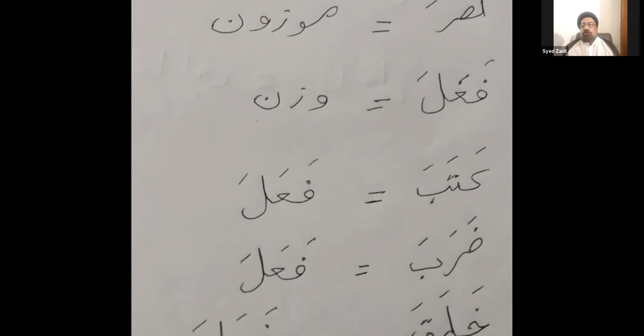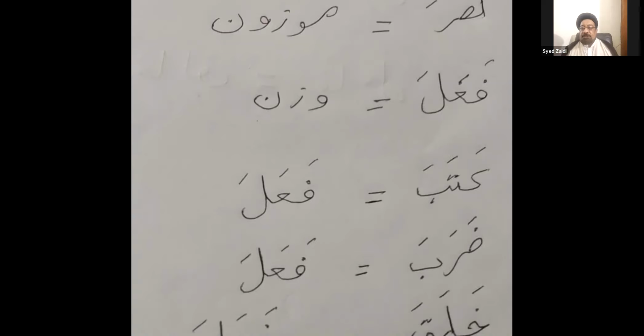Now, why have we chosen the word fi'al? Fi'al, as I've said, means action. Fa'ala in itself means that he did the action, but you don't know what he did. He, a singular masculine person, did. What did he do? You do not know.